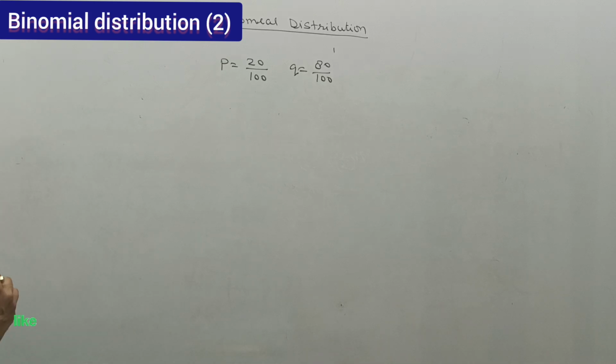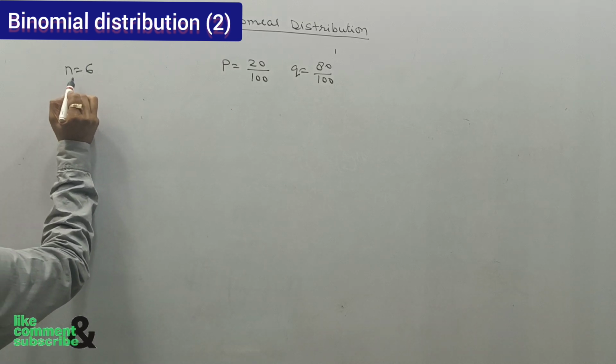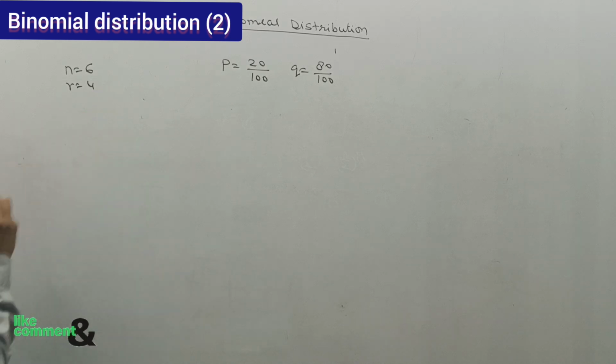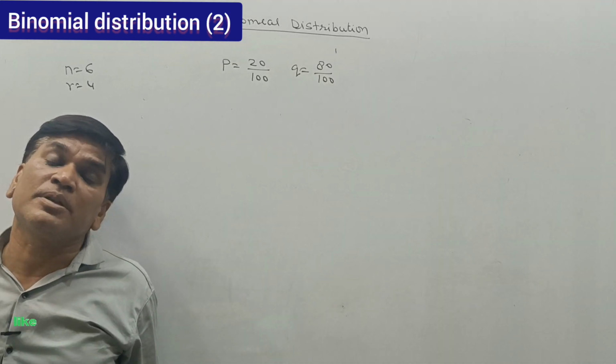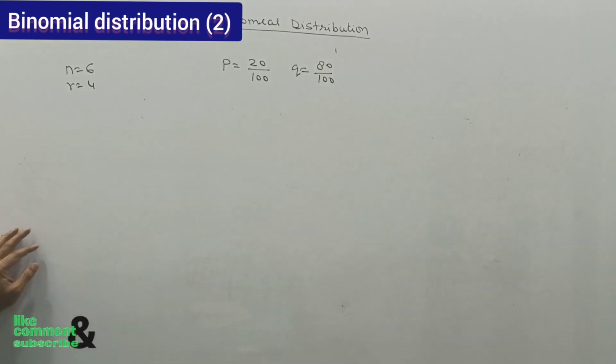What is the probability, up to 6, that 4 or more will have the disease? We have to calculate the probability of getting 4 or more than 4 laborers having the disease. Again I am repeating the question.